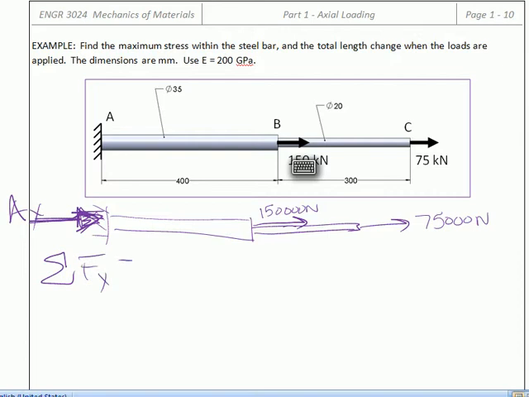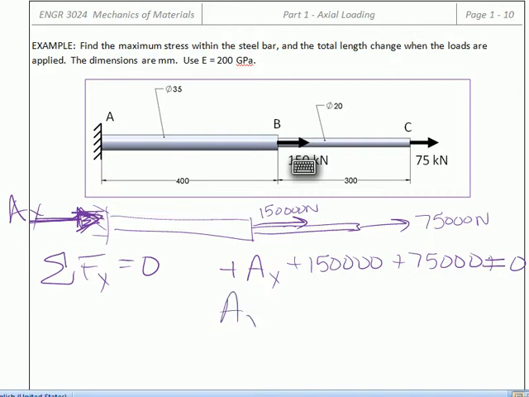Sum of the forces in x always equals 0, plus Ax plus 150,000 plus 75,000 equals 0. We see that Ax has to equal minus 225,000 newtons. That negative in this case is just saying that the sense of our reaction force is drawn incorrectly.